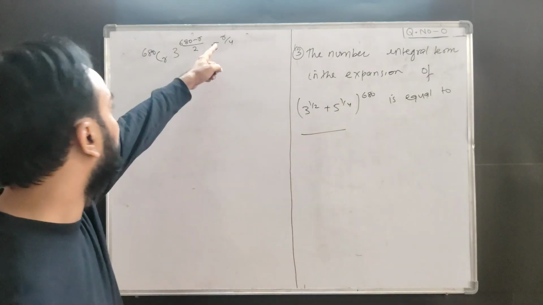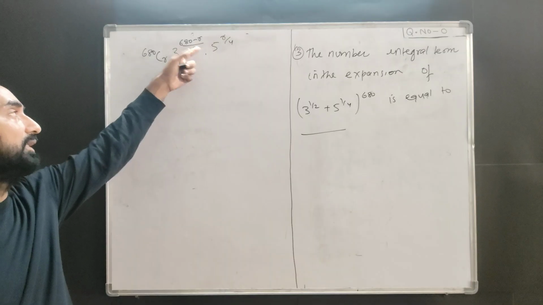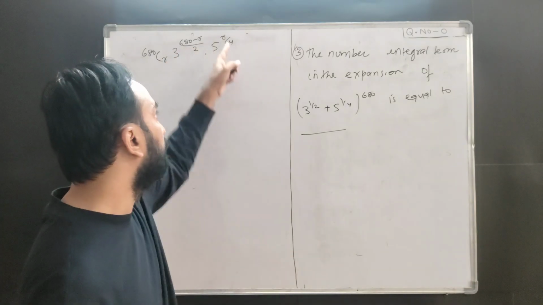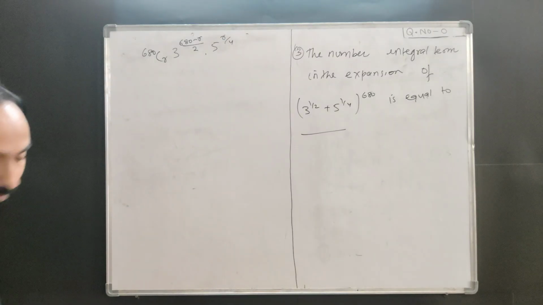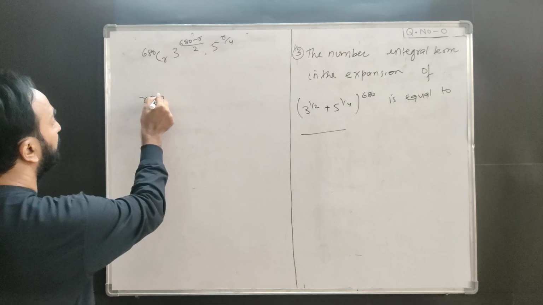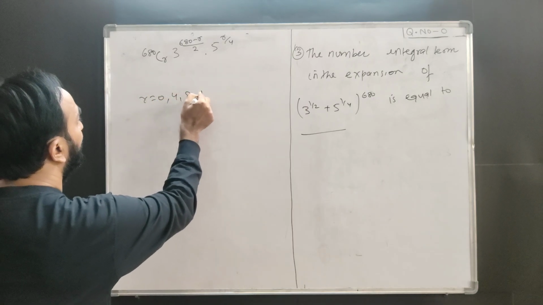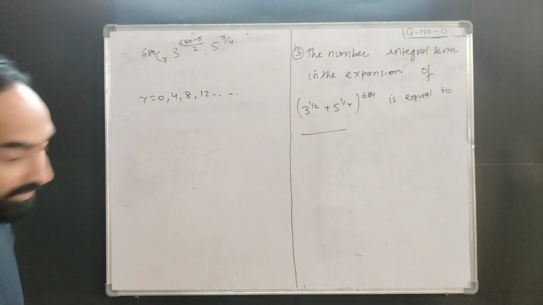Here r should be a multiple of 4. So the values r can take are 0, 4, 8, 12 and so on, and we'll stop at 680.